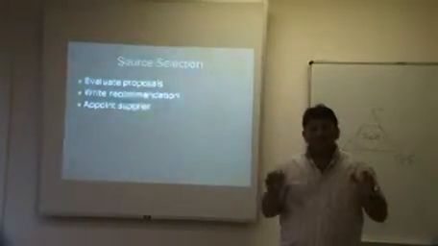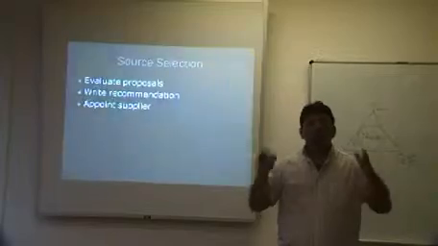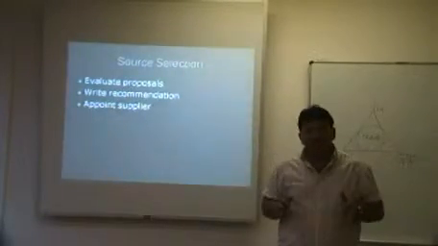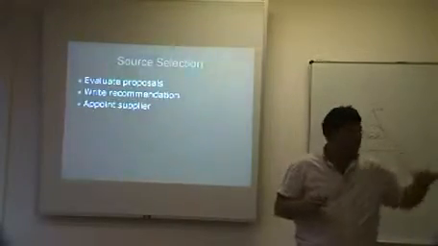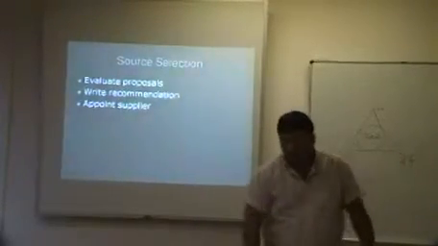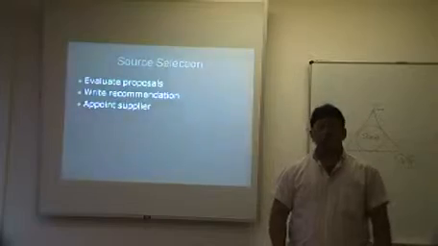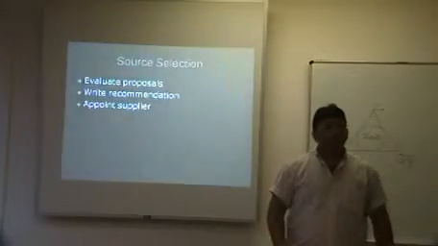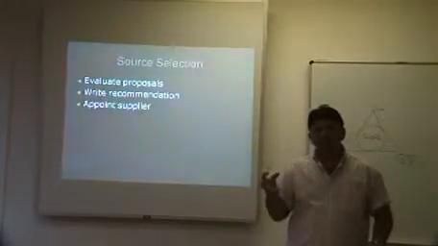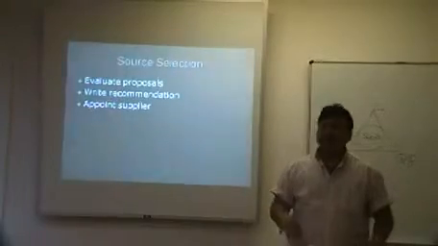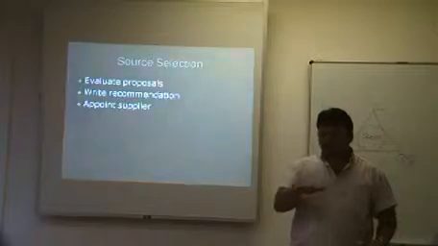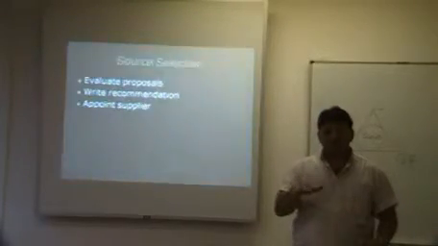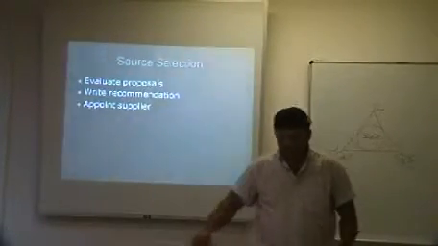Now, the recommendation should be very detailed on why the supplier was selected based upon certain outcomes of their tender. Now, this is very important because you wouldn't want a supplier to have the monopoly in the market. Otherwise, they kill off other companies. You want to be fair, so your recommendation has got to be very strong.